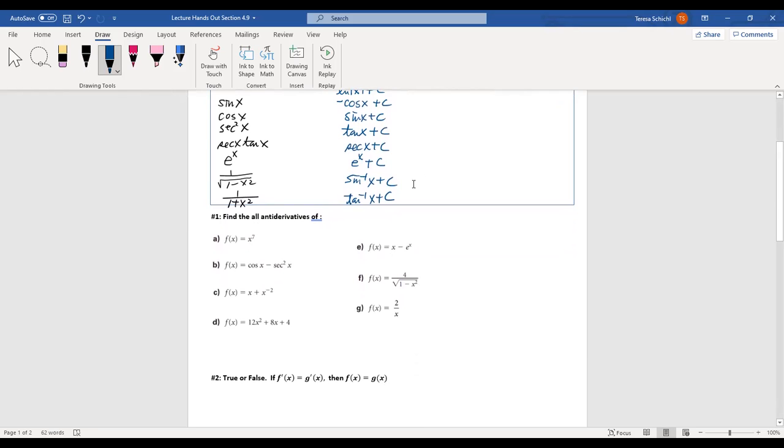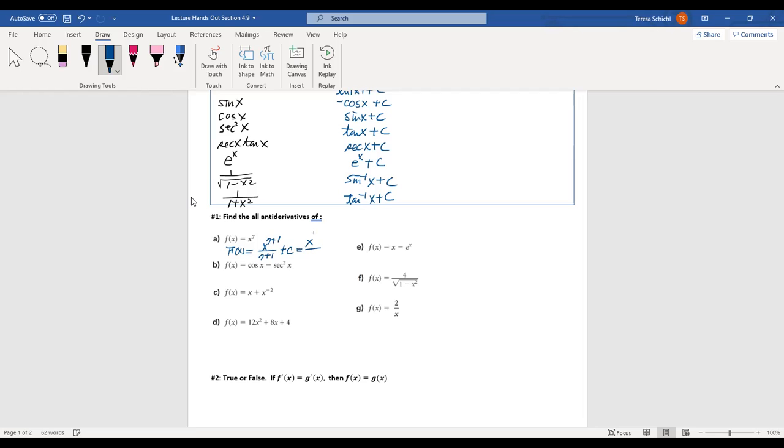Okay, so now let's take a look here. The first one is x to the 7. I want to find the antiderivative. That means the derivative of it will be x to the 7. We say capital F of x is equal to x to the 7 plus 1, over 7 plus 1. Don't forget the plus c.